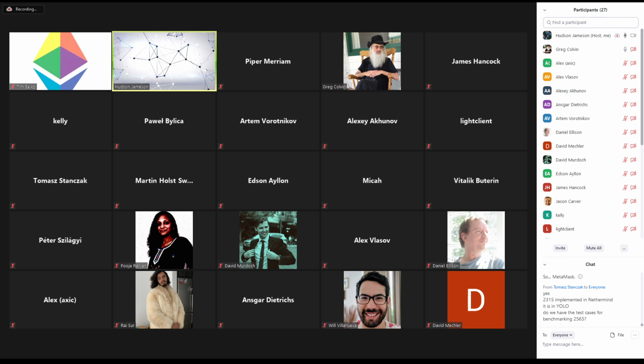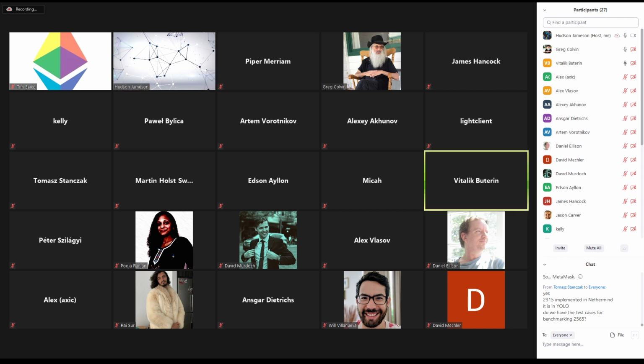Next up, we have EIP 2935, save historical block hashes in state. This one is Vitalik. Yeah, I can make this quick.